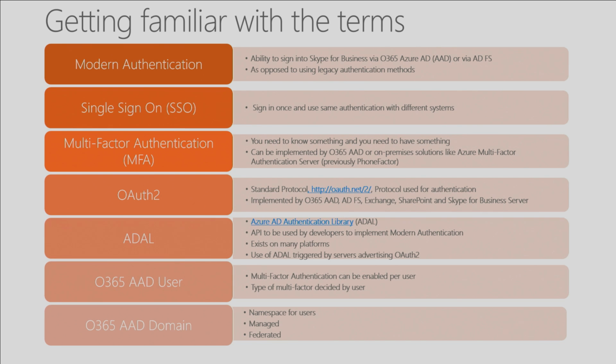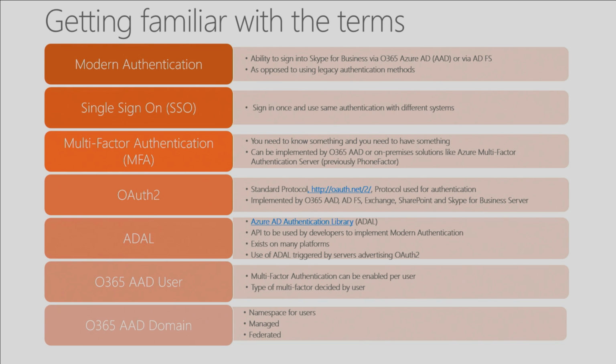Modern authentication is our new authentication platform that we encourage you to use. It's a consistent form of authentication across all the Office clients, and not just mobile, but also desktop platforms as well. It enables key scenarios like multi-factor authentication. It enables token-based authentication with OAuth protocol, OAuth 2. And you can bring in third-party STS services as well if you're looking to integrate with third-party secure token services.